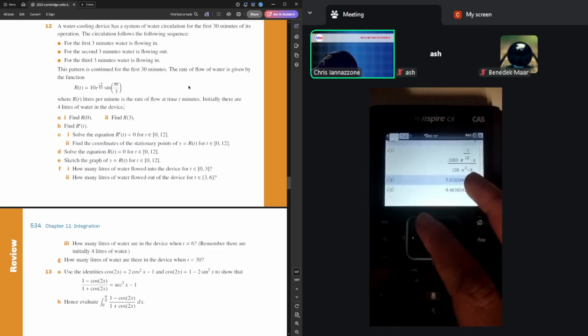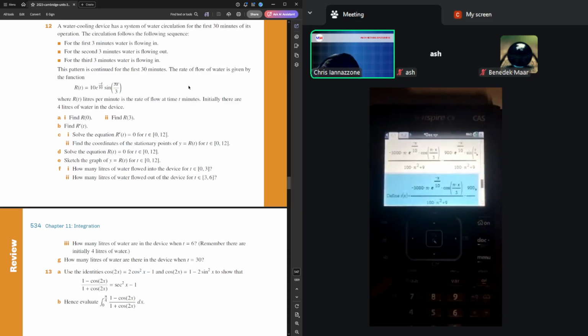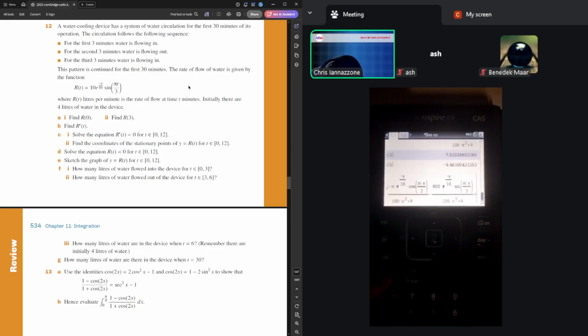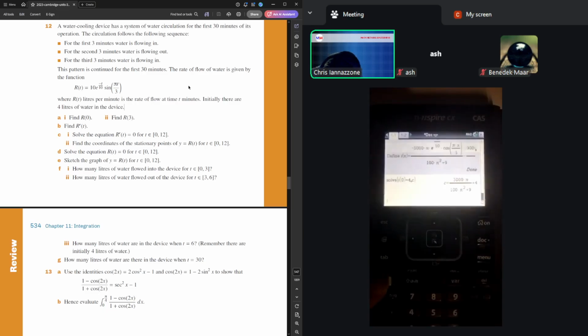So with that in mind, this definition of I of x needs a plus C in it, and we would then go and say I of 0 is equal to 4, solve for C, and then set that as our C value.